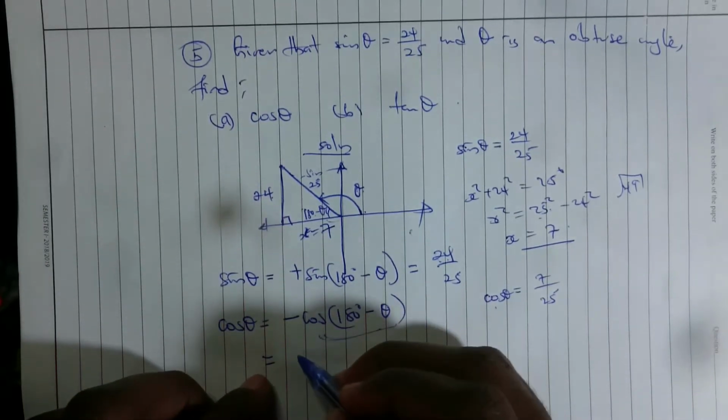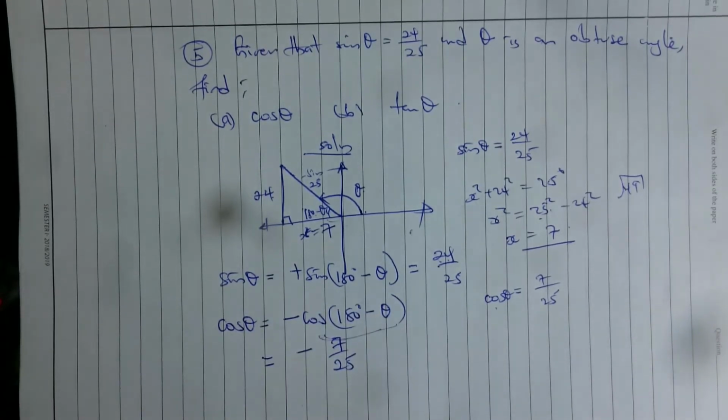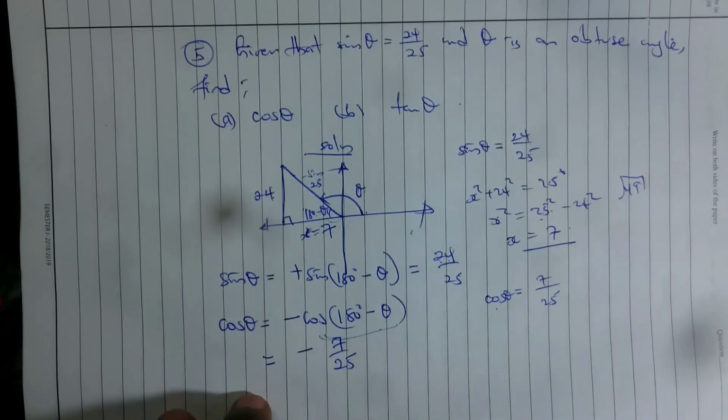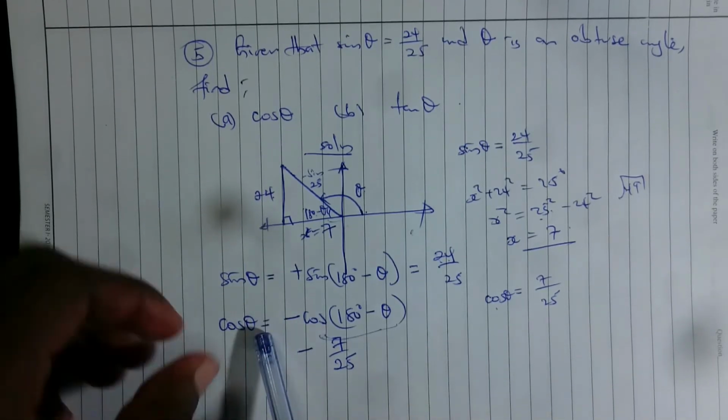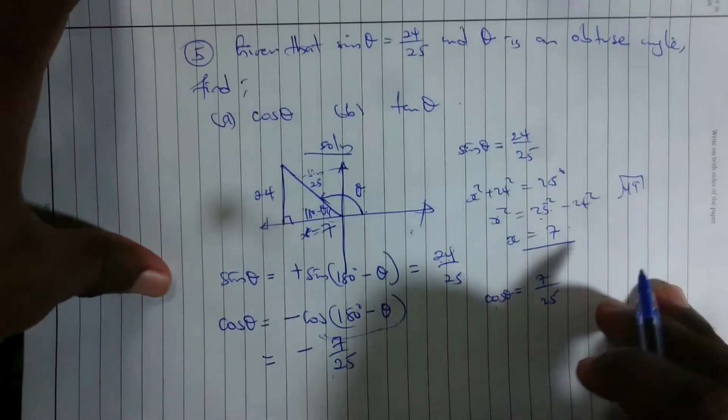So we put the negative sign: cos theta is negative 7 out of 25.